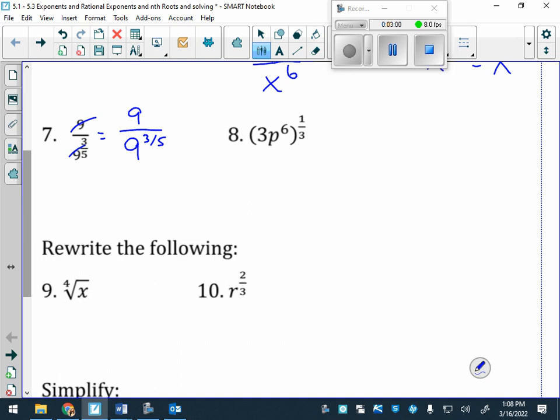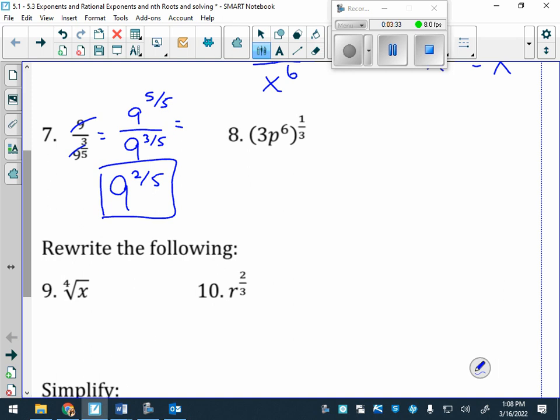But in order to subtract, what do you need in common with fractions? Denominator. So how would I rewrite this? Nolan? 5/5. Good. And now I'm ready to subtract to get 9 to the 2/5. So please make sure we're not crossing out those 9s. Can't cross them out because they have exponents attached.